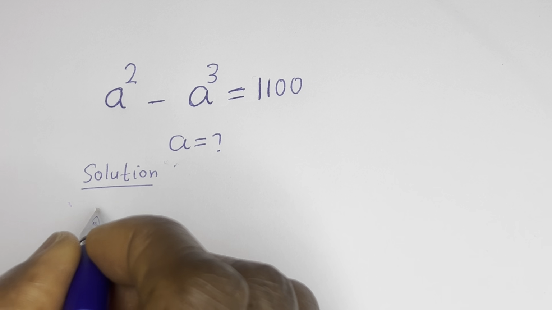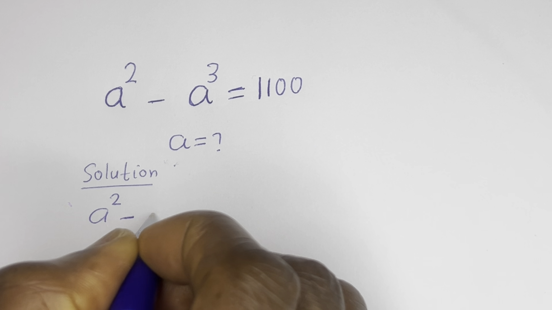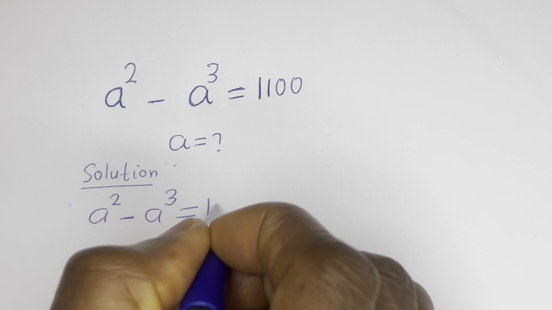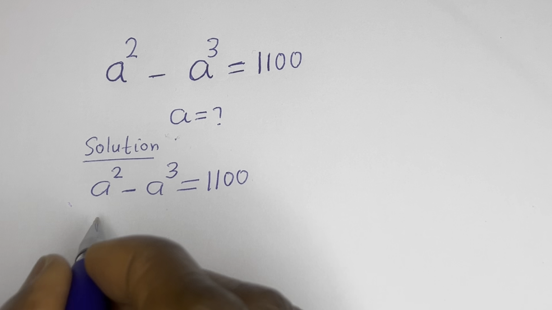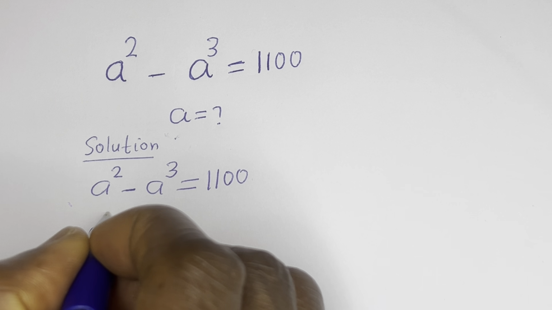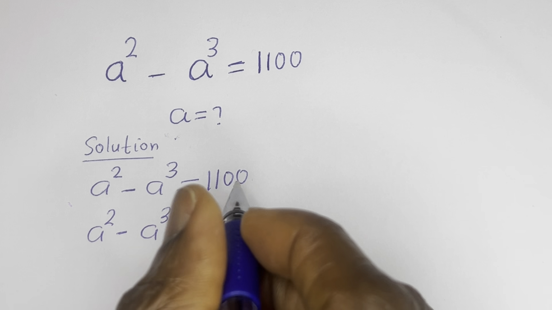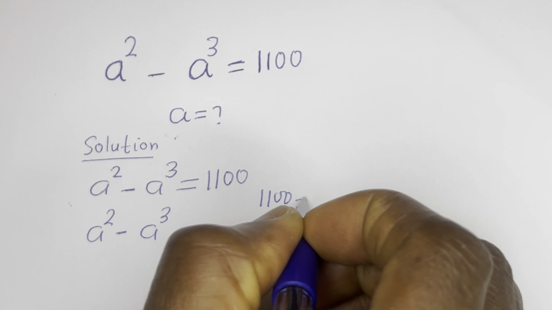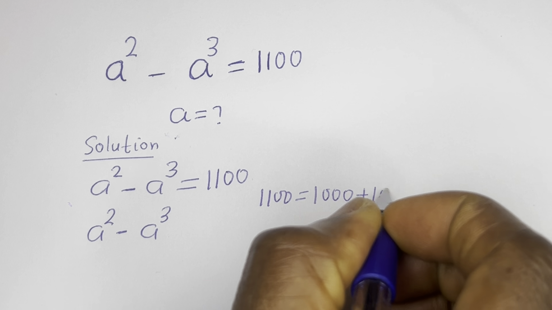We have a squared minus a to the power of 3 is equal to 1100. Then we have a squared minus a to the power of 3. This 1100 is equal to 1000 plus 100.